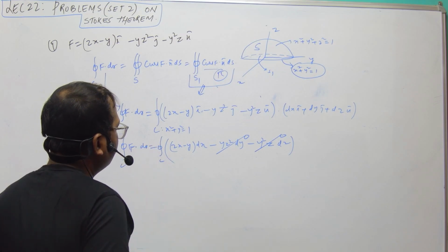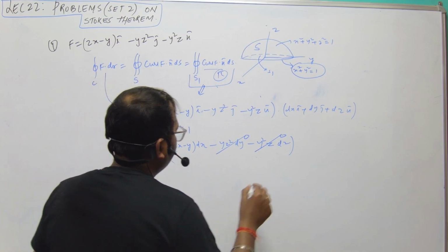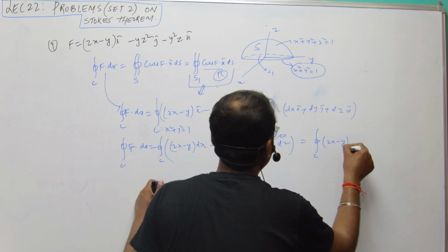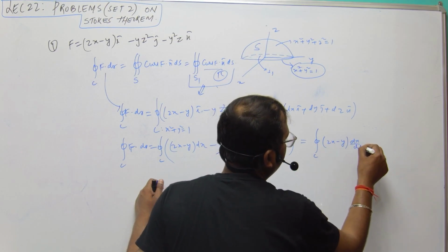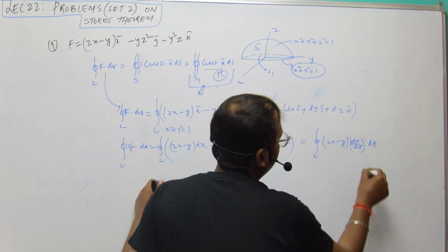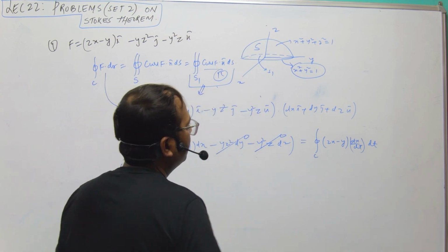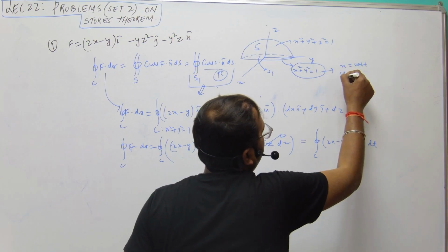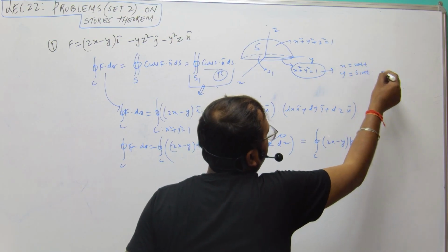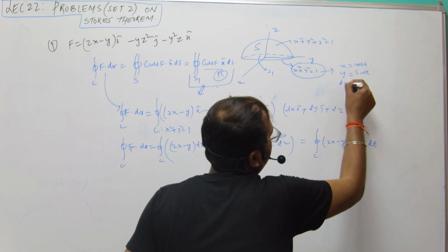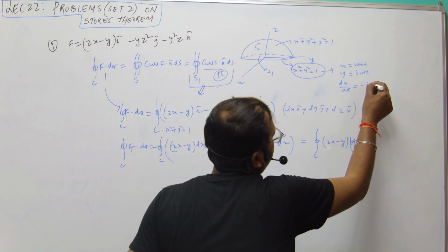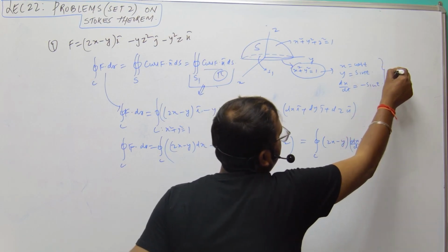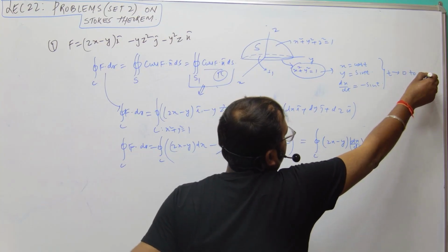Okay, in terms of parametric equation, we can further simplify this. Along the curve C, 2x minus y we can write with dx upon dt into dt. In the parametric form of the circle, we have x is equal to cos t, y is equal to sin t, and dx upon dt is minus sin t. And t varies from 0 to 2 pi on this circle.